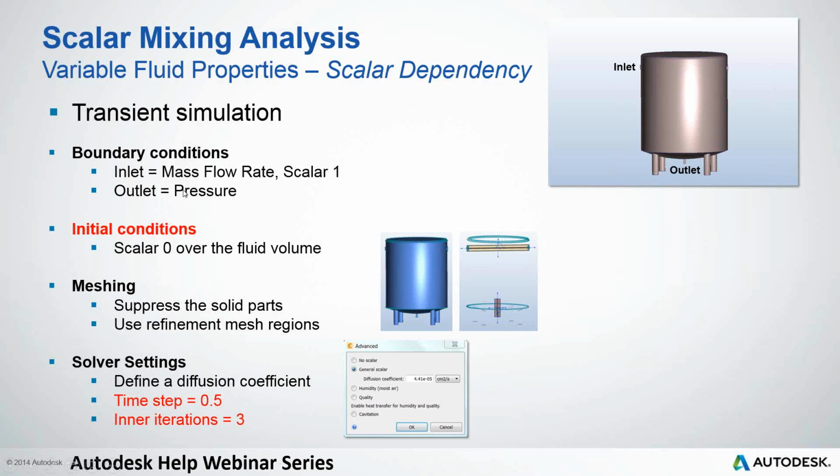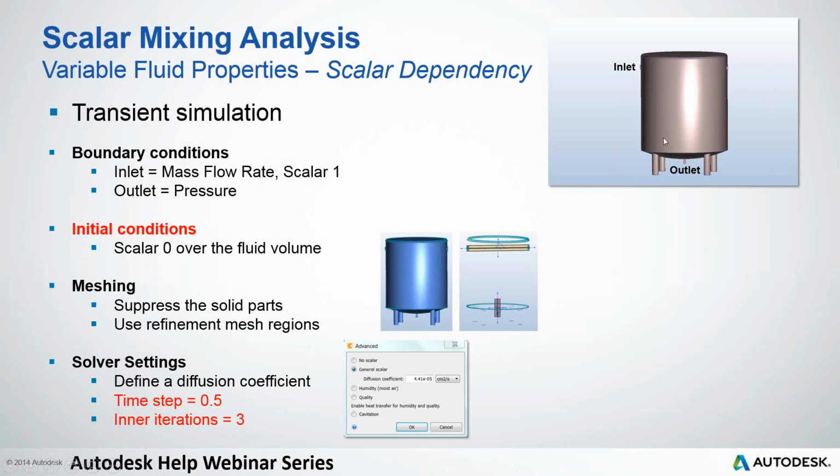For the inlet, it's as usual mass flow rate and scalar 1, the methane. Initially, I have water inside the tank, and then we're going to pump in methane. And for the outlet, we have pressure.